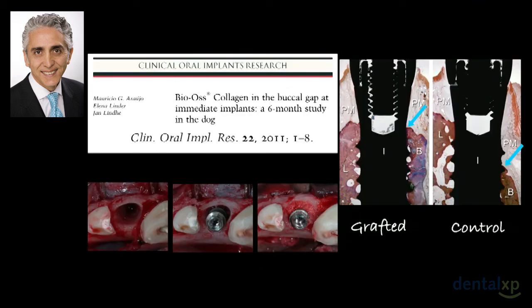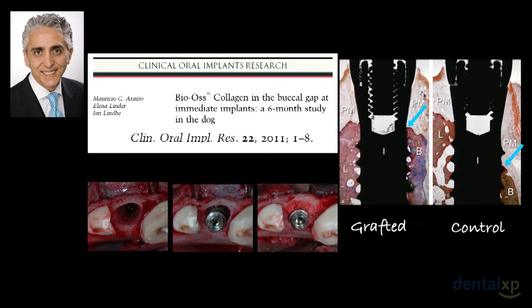So does it help if we place graft material within that gap? Dennis and Steve Chu today described the importance of grafting that area, and their clinical experience and the clinical studies clearly demonstrate the importance of that.